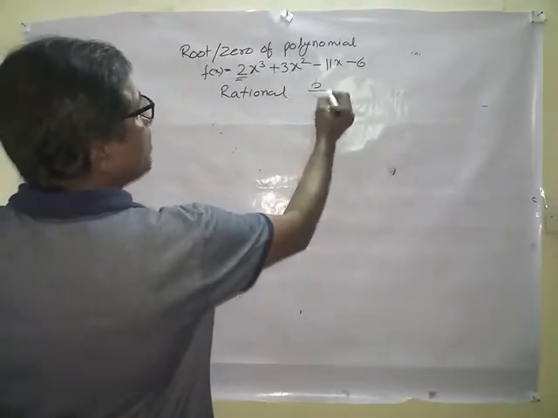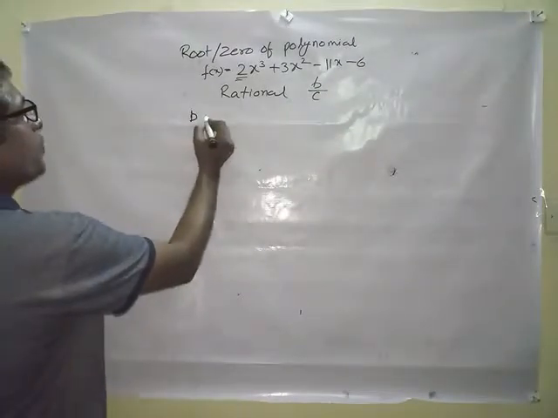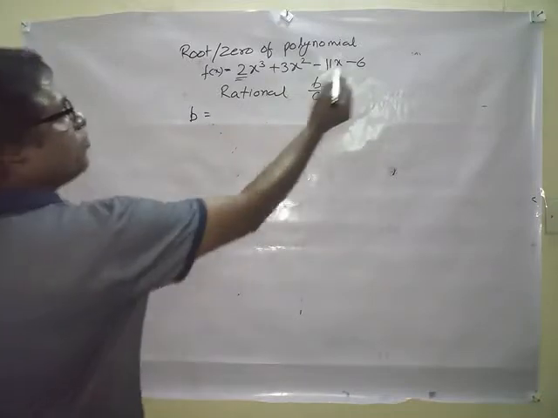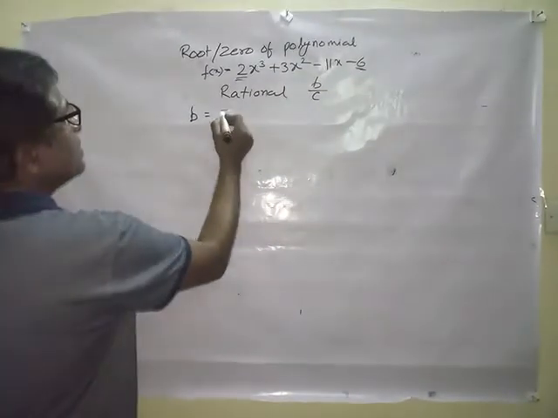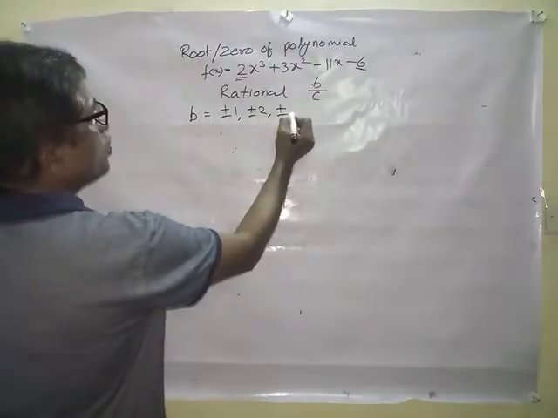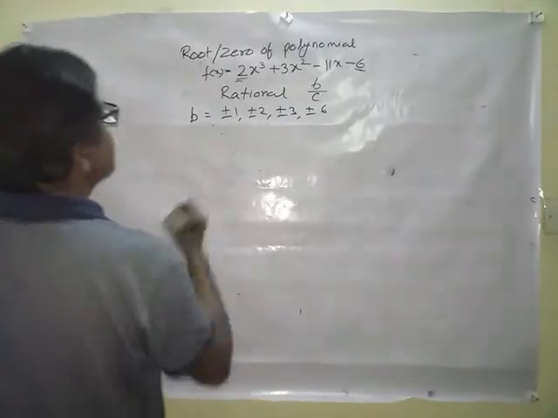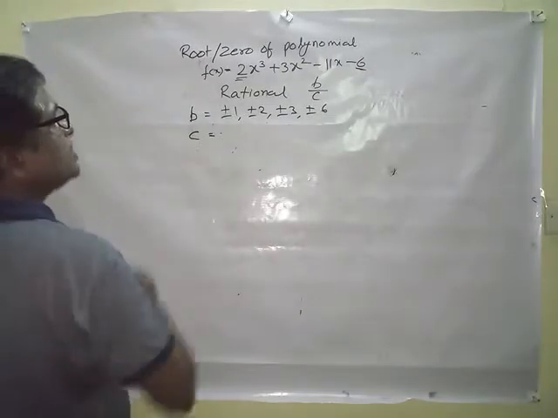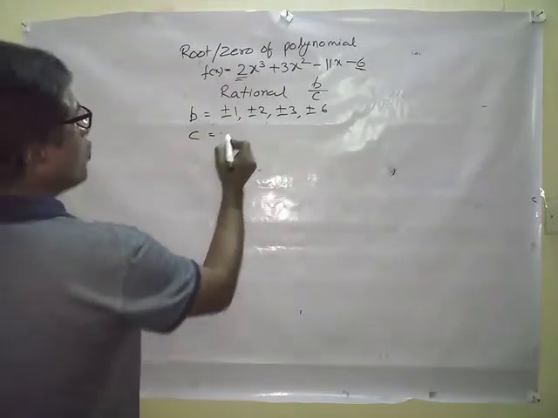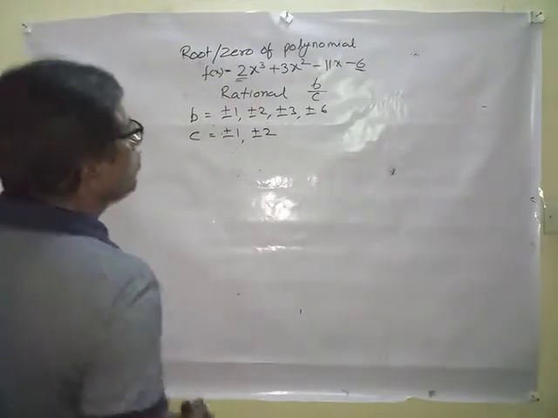So b upon c. Possible values of b will be the factors of 6: plus minus 1, plus minus 2, plus minus 3, plus minus 6. Possible values of c will be the factors of 2, which are plus minus 1 and plus minus 2.